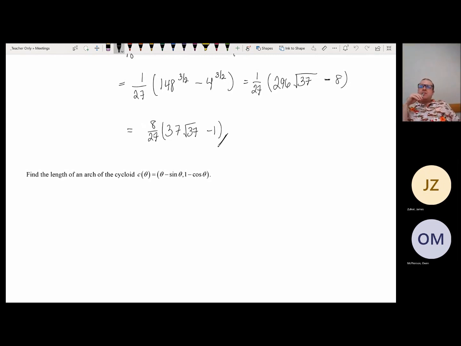All right, we have a parameterization of our curve. What is our interval? 0 to 2 pi?